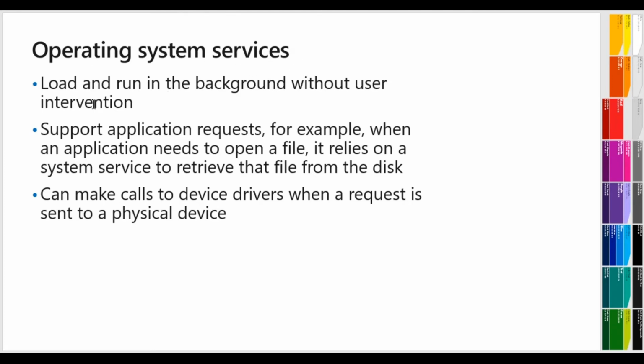Operating system services load and run in the background without user intervention. They support application requests. For example, when an application needs to open a file, it relies on a system service to retrieve that file from the disk. They can make calls to device drivers when a request is sent to a physical device. Right?